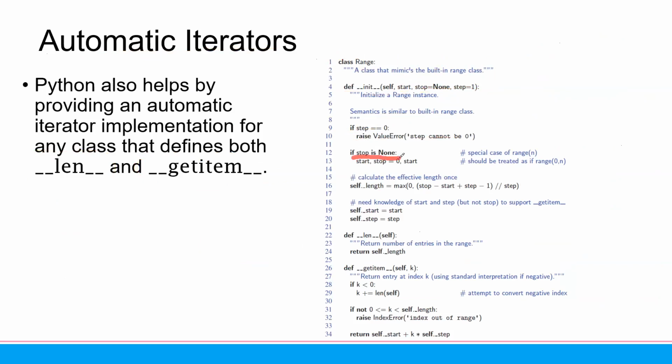If the stop is not given, then we can say that the start will be 0 and the stop will be the start. And then we need to check what the length is. In this case, the length is the maximum of 0 or (stop minus start plus step minus 1) divided by step.